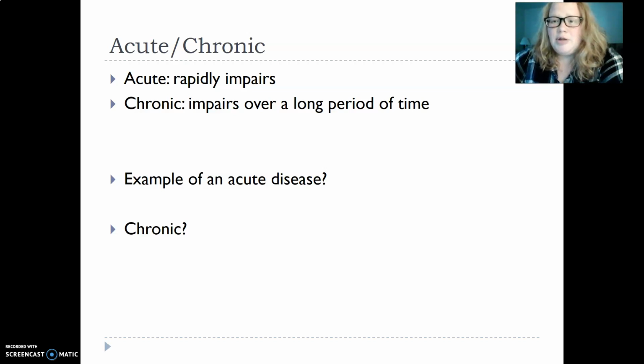So those are sudden, rapid impairments. Chronic diseases would be over a long period of time. So most cancers are chronic. Also, we have high blood pressure, heart disease, all chronic diseases.